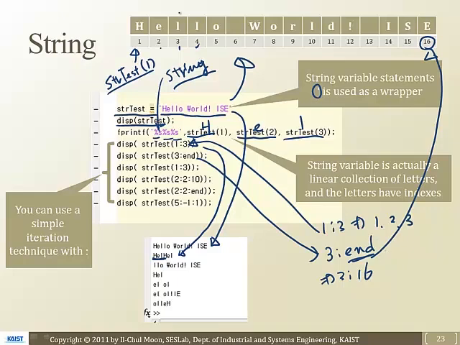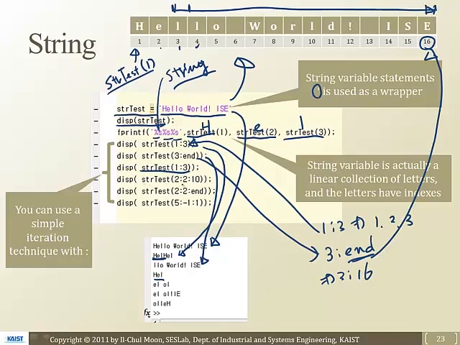From 3 to 16, we are going to print out this 3, 4, 5, 6, 7, 8, right? So LLO, WORLD, and exclamation, blank, ISE. Actually, this is coming from here. And then again, 1, 2, 3, HEL.